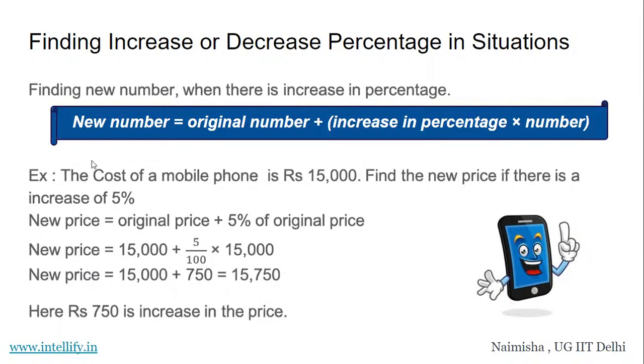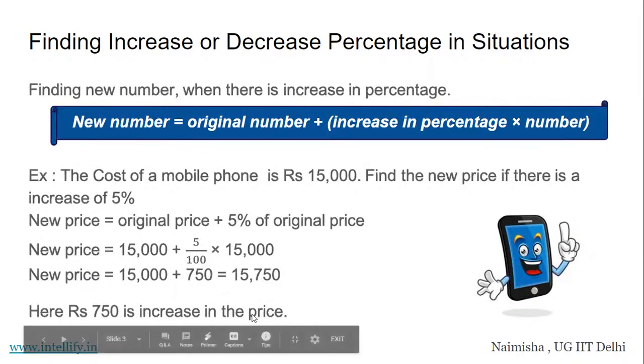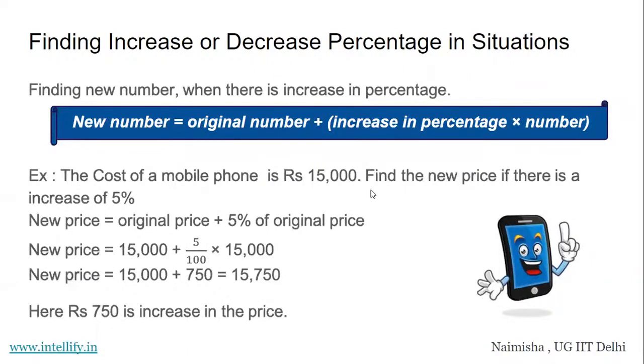To understand this, let's consider this example. The cost of a mobile phone is 15,000. Find the new price if there is an increase of 5%. First of all, let's notice the details in the question. The original number here is 15,000 and increase in percentage is 5%.